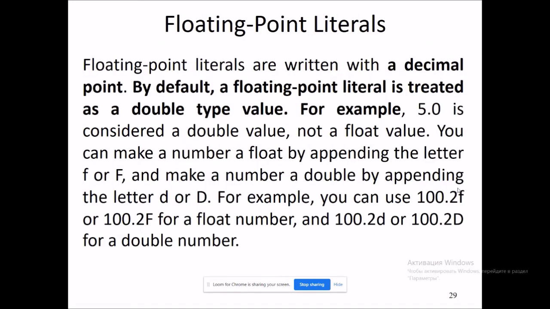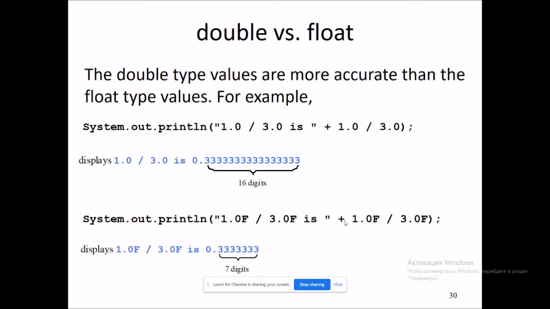For floating point literals, it means that floating point literals are written with a decimal point. By default, floating point numbers are assumed to be doubles. For doubles you are displaying 16 digits, while for float numbers you are showing only 7 digits.